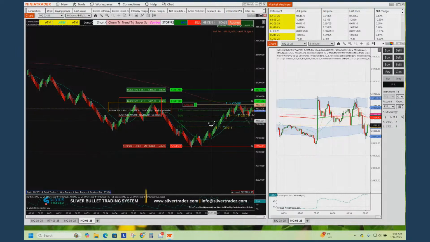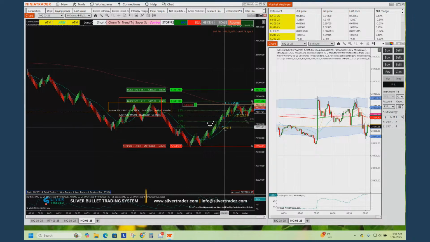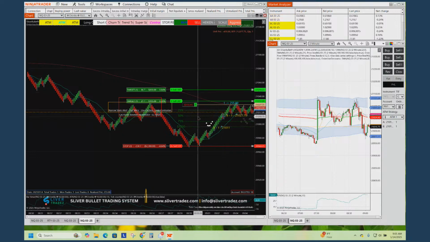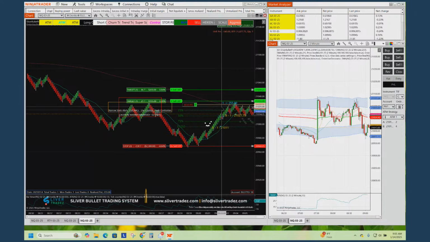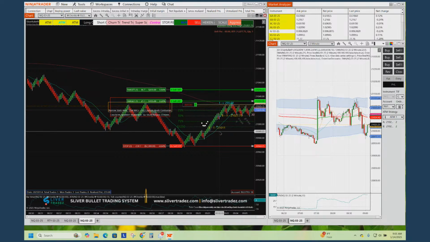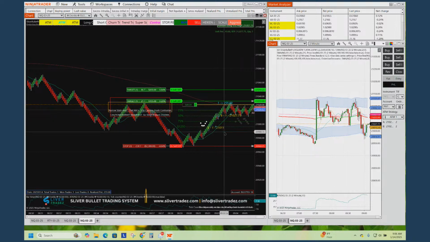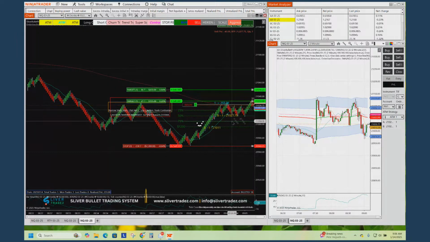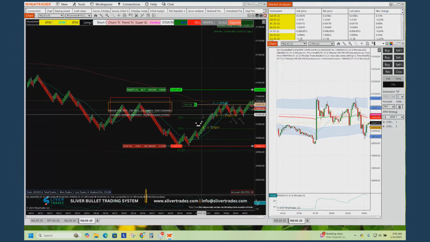More push. Very close, and then target filled.